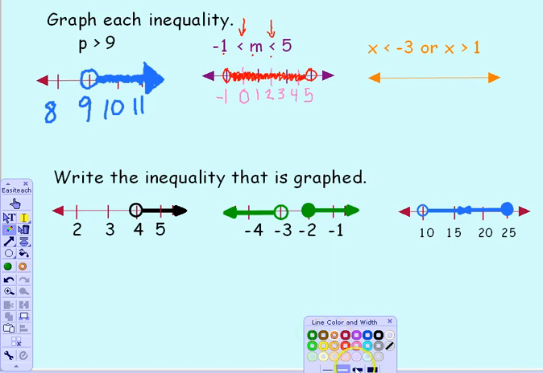Okay, our next one is looking at another compound inequality. X is smaller than -3, or less than -3, or X is greater than 1. So we've got a compound inequality. We need to have those numbers on our number line.